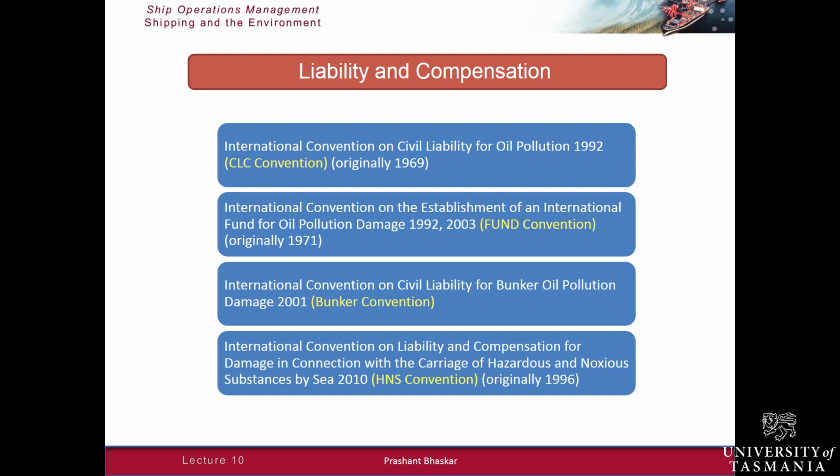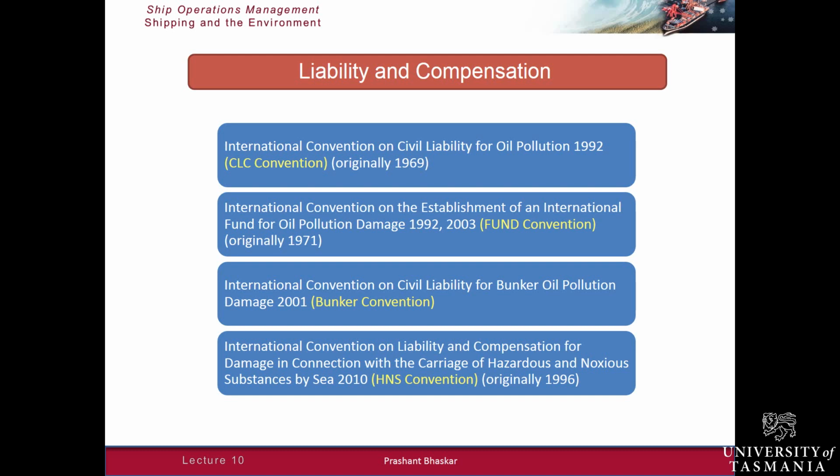Then there is also the so-called bunker convention, which is the third one on the list here. Essentially, this bunker convention, the International Convention on Civil Liability for Bunker Oil Pollution Damage, was designed so that ships that were not tankers, such as container ships and bulk carriers, but carried a lot of oil too, as fuel oil, there needed to be some way of making sure that, in case the bunker fuel spilled, some liability could be placed on the shipping companies.